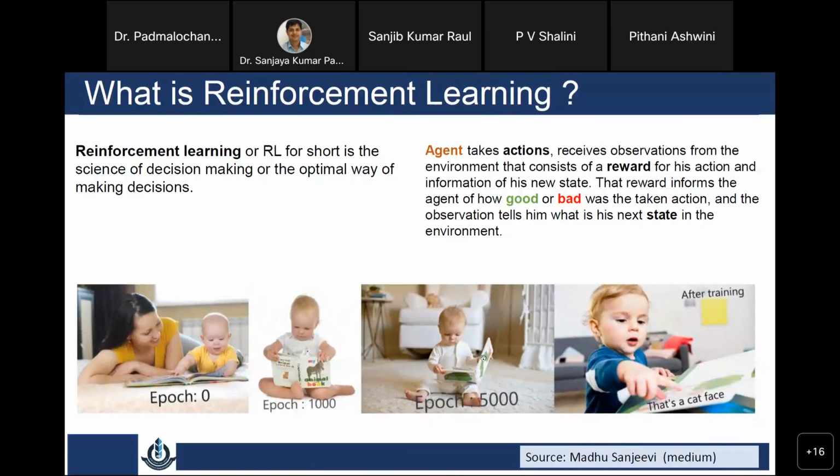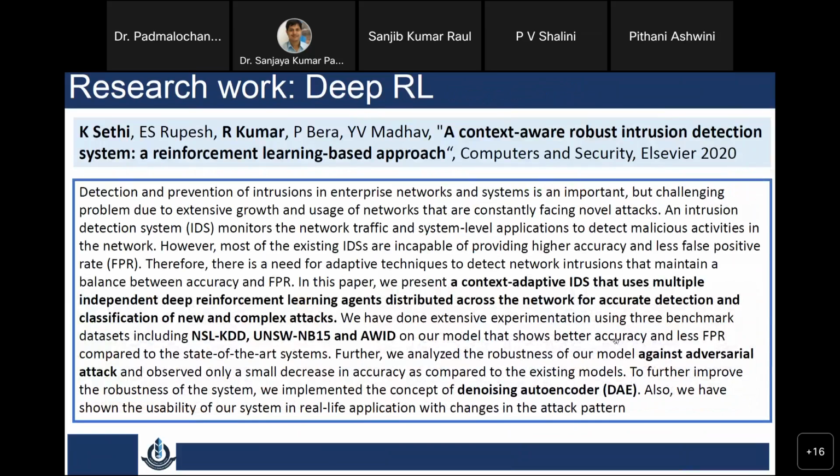You can see here how the learning becomes faster. The boy could learn that this is the face of a cat. Earlier it is learning, and so on. After training, it is matured to take a decision, right? So you can see this is one of our research works, on a context aware robust intrusion detection system.